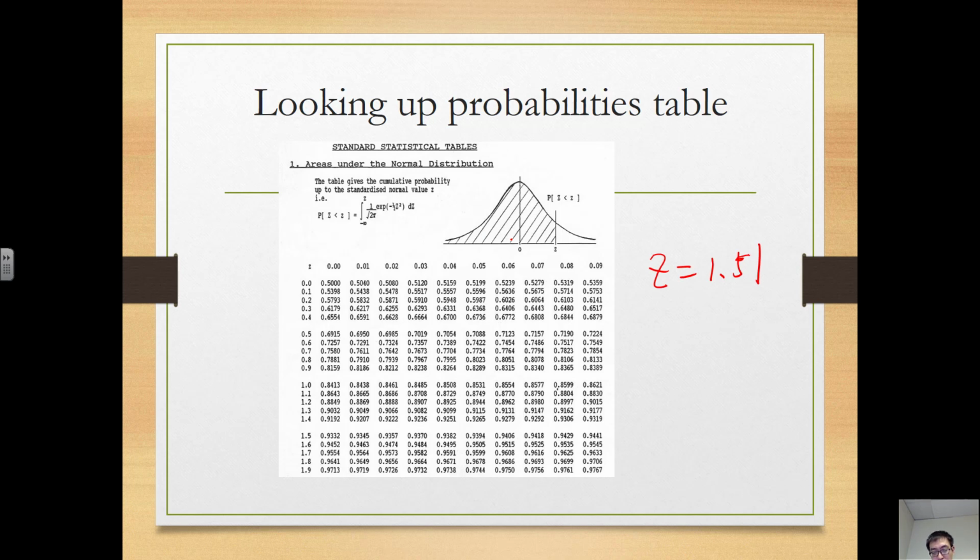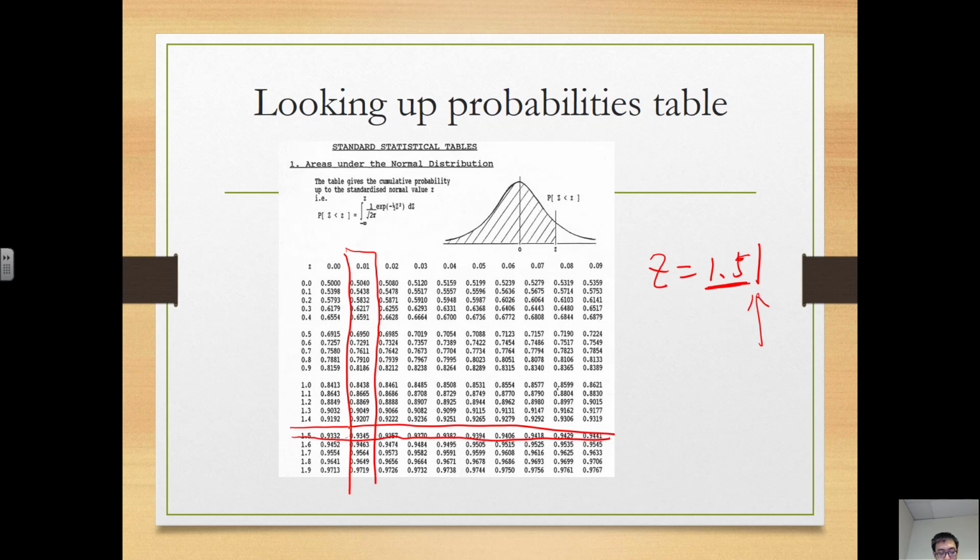You use this table. First you find the first two digits. It's 1.5, so you look at this row. Then what is the second digit? It's 1, so you look at this column. What is the intersection?